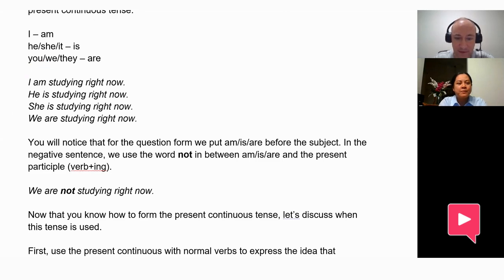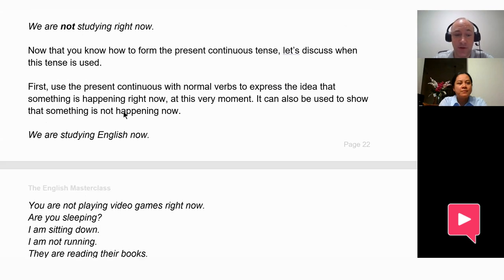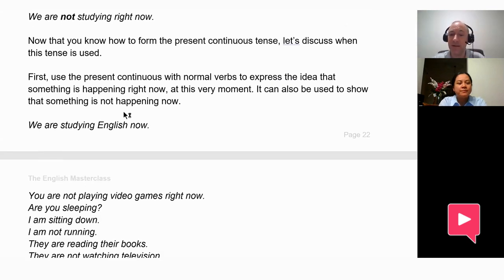Okay, moving right along. Now, let's discuss when this tense is used. As we talked about, this is used for something that's happening right now at this very moment. Sometimes people get confused when they see the words present tense. They think, oh, present tense, that means happening right now. But that's not really true.